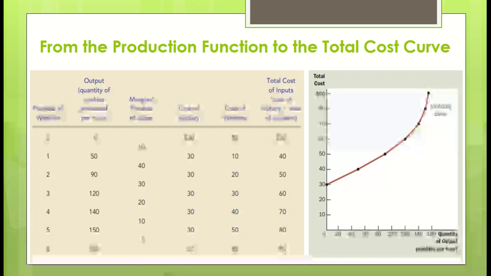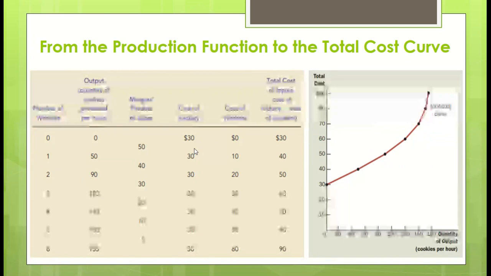Then for two laborers, the cost of workers is 2 multiplied by 10, and the cost for two laborers is $20. In this way we can calculate the cost of workers, by simply multiplying the wage rate, that is $10, with the number of laborers.